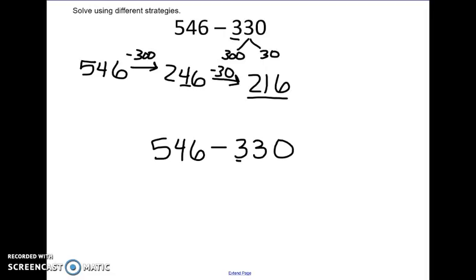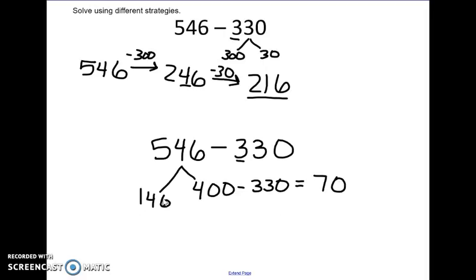My next 100 after 300 would be 400. So I would take 400 out of 546. That would leave me with 146 left. Now I bring down my minus 330. If I subtract 400 minus 330, I would get 70.